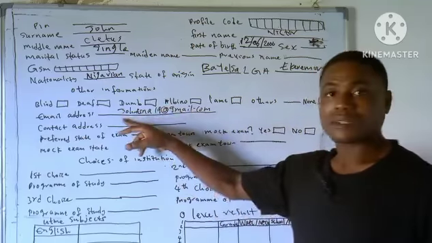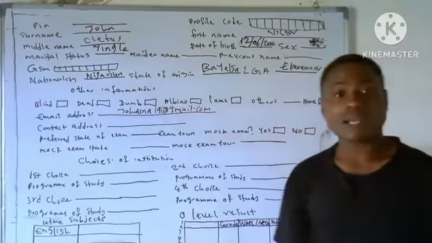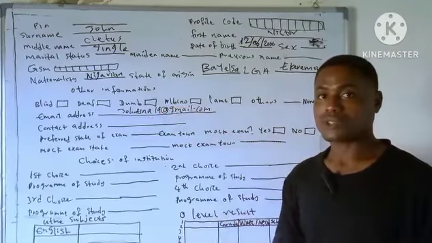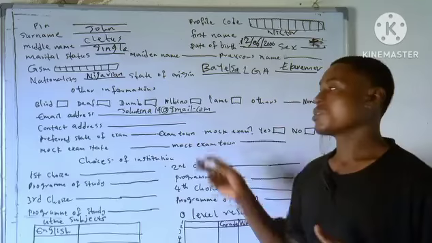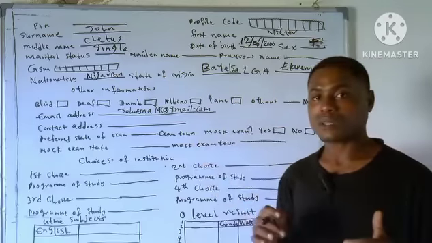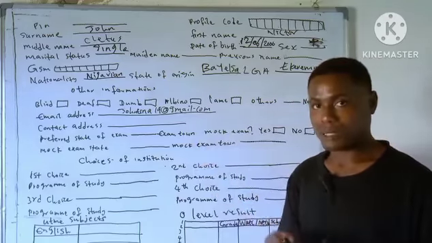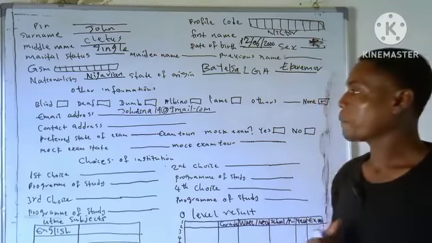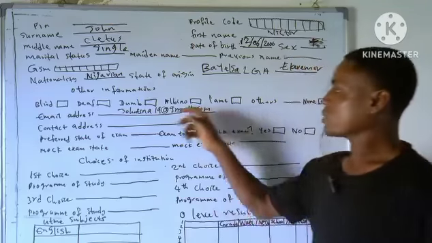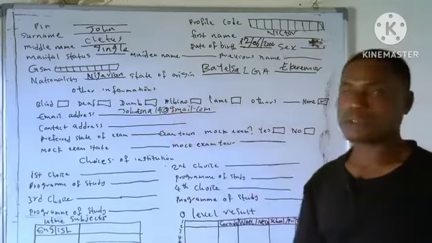Any mistake, this is what those guys will use in your registration. So when you are filling the JAMB form, calm down, soak enough garri, calm down and fill the JAMB form.